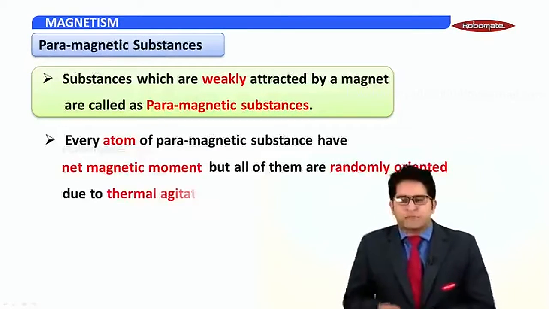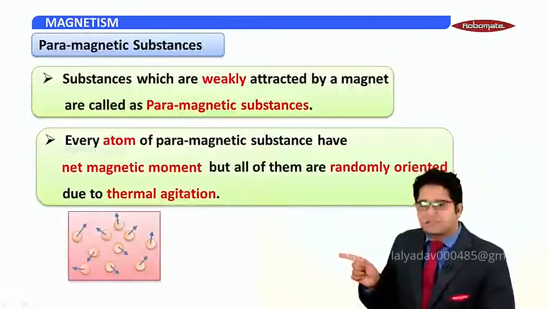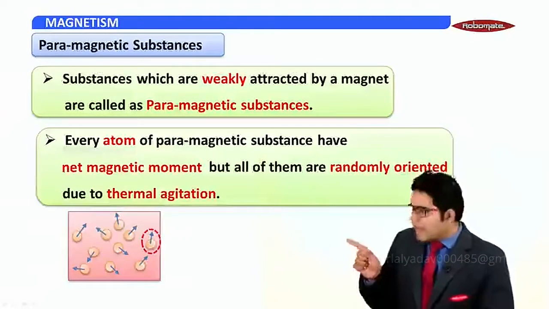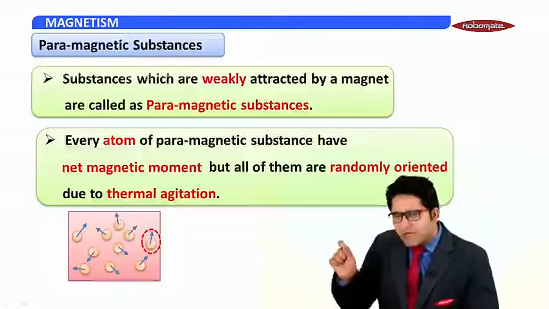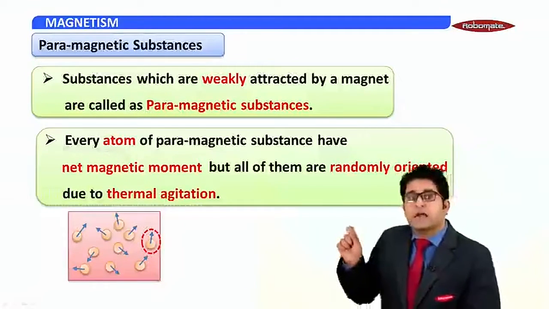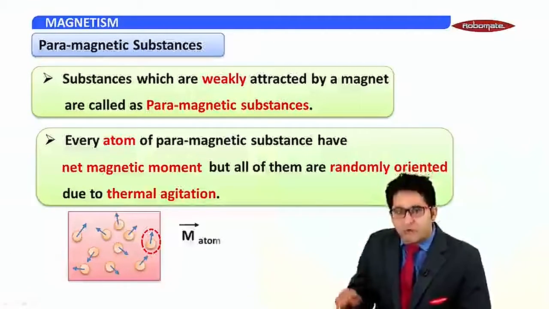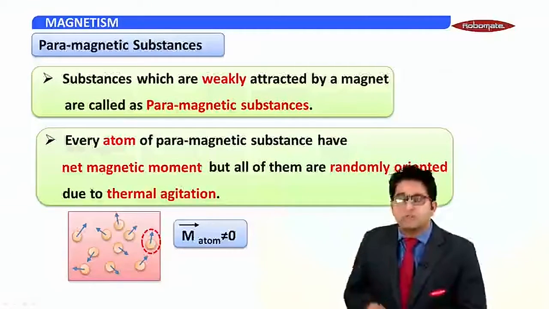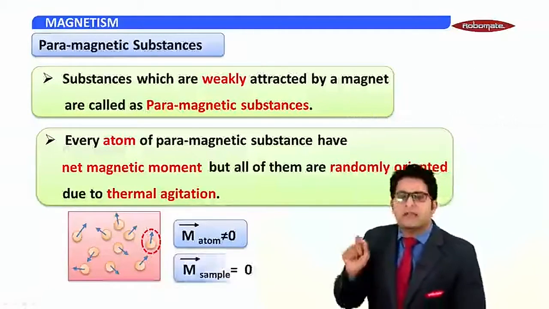So if I consider a sample of paramagnetic substance, let's say this is a sample, and you can see the circled part, every atom has some magnetic moment, but all the atoms in this particular sample are randomly oriented. So I can say the magnetic moment of an atom is not equal to 0, but the magnetic moment of the overall sample comes out as 0.